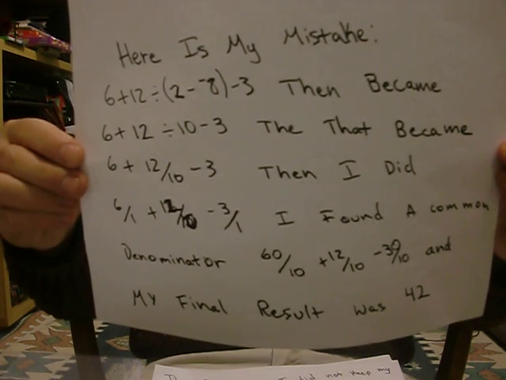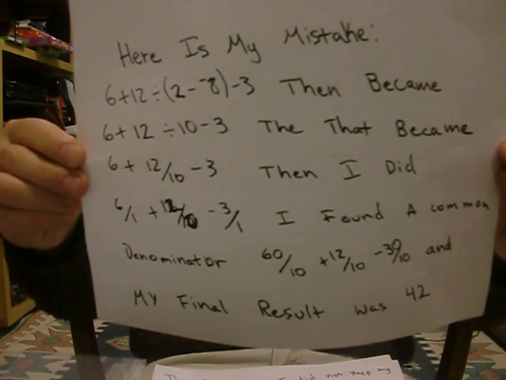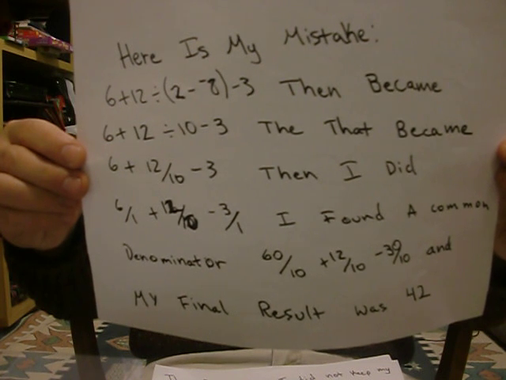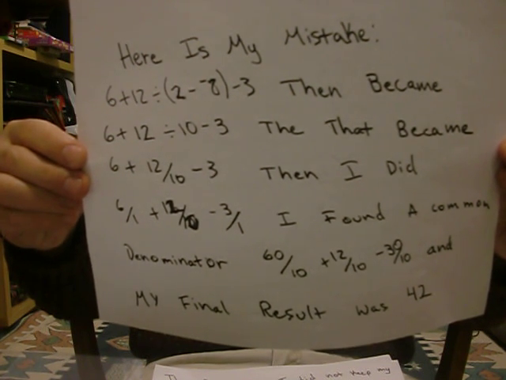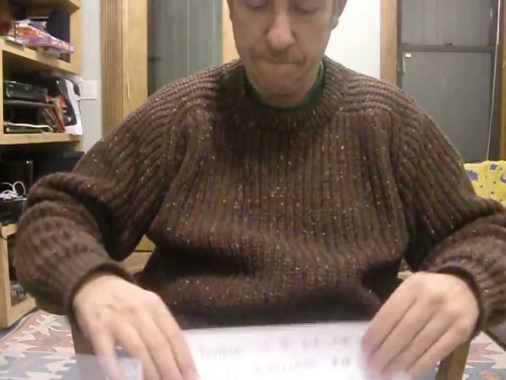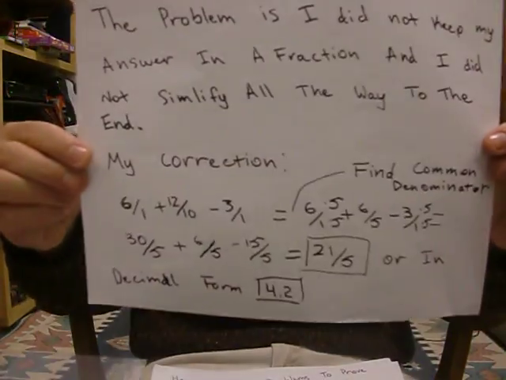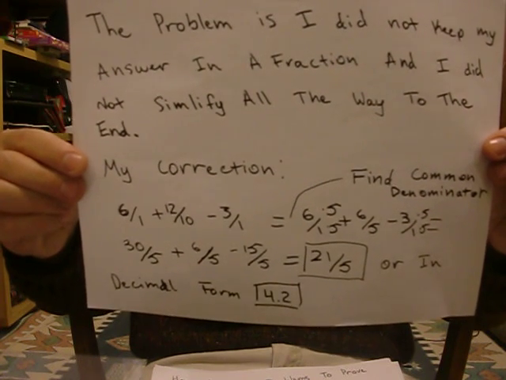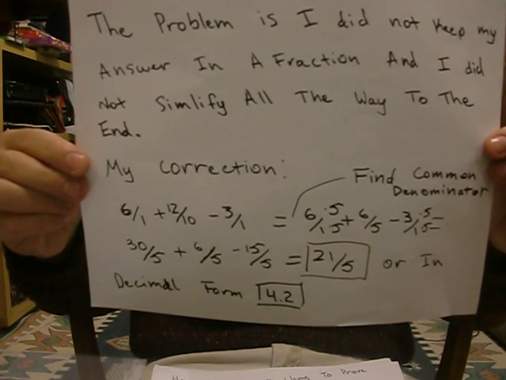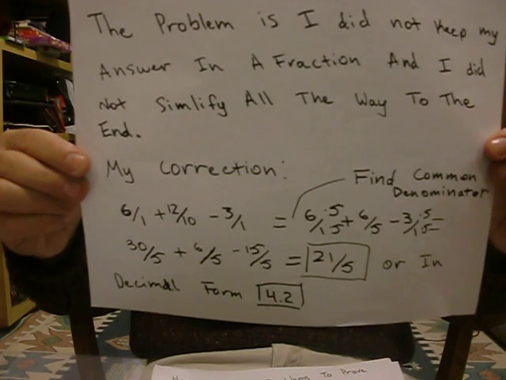And then it became 60 over 10 plus 12 over 10 minus 30 over 10. And my final result was 42. The problem is I did not keep my answer in a fraction and I did not simplify all the way to the end.